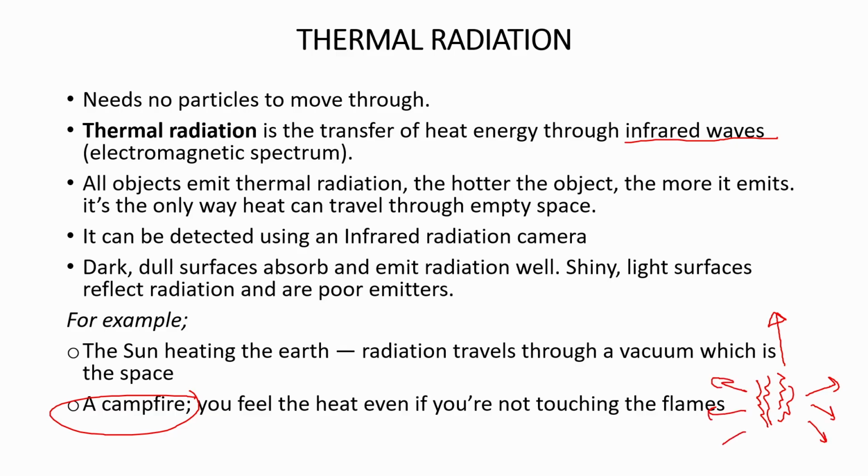So a better way of using that example of the campfire is to say, we all know our hand would be hot on top of the campfire. What we don't always think about is the fact that some of that energy is coming out at the sides. And of course, that can't be convection because with convection, the heat energy always ends up going in a direction upwards. And you can demonstrate that with a candle.